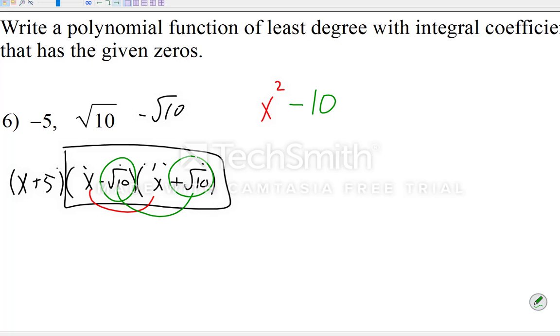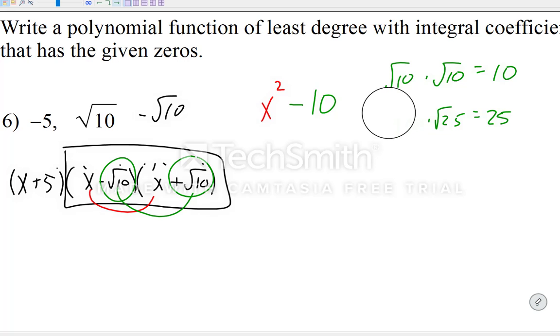Remember, anytime you multiply by the same roots, so root 10 times root 10 is equal to the number inside. So if it was root 25 times root 25, then I would get 25. Same applies all the time. Okay, so x squared minus 10.